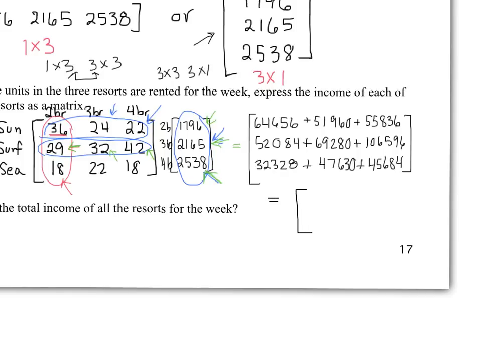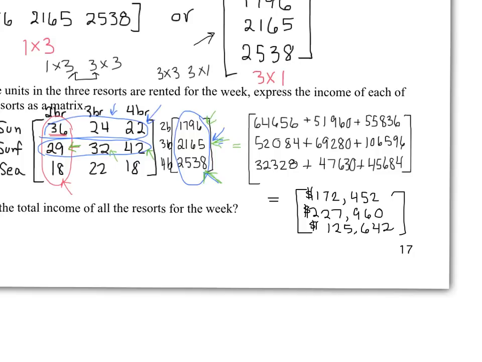So Sun Haven is going to make $172,452 per week. Surfside is going to make $227,960 per week. And Seabreeze will make $125,642 per week.